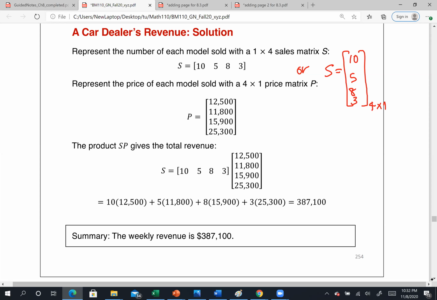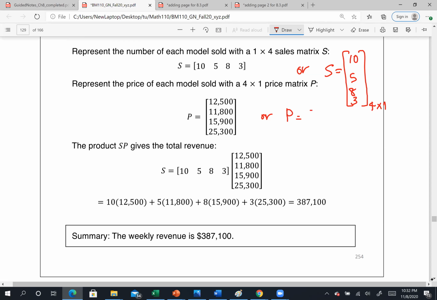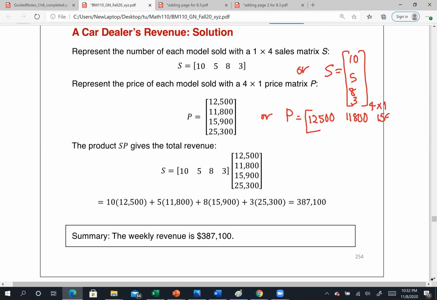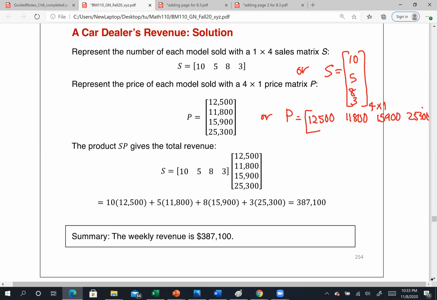In here we have represented the price matrix P with dimension 4 by 1. If I use the other case, then P will be 1 by 4: 12,500, then 11,800, then 15,900, and then 25,300.